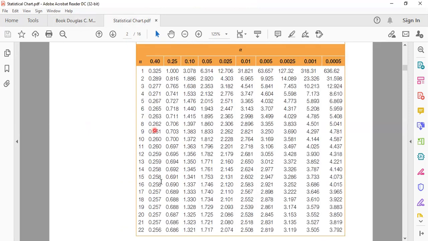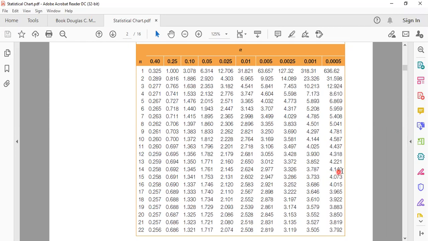What is tail area? For this particular problem, we are interested in 14 degrees of freedom. So come to this section and try to find out the values. What are the values? 0.258, 0.692, 1.345, 1.761, up to 4.140.